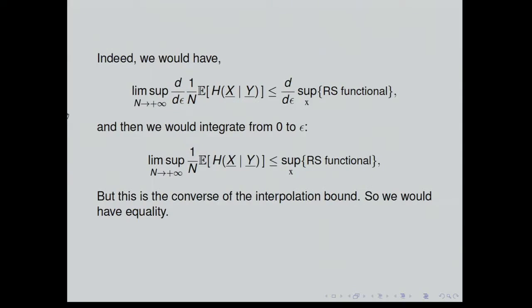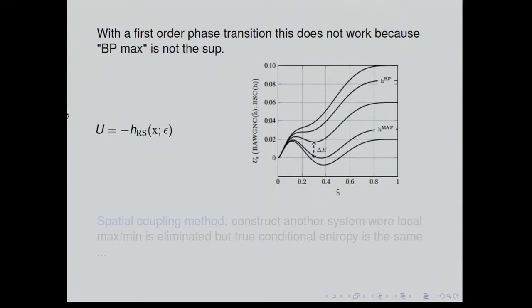This belief propagation maximum corresponds to the local minimum, and you cannot replace it by the sup or by the true minimum. The true minimum is here at 0. When you go down, the MAP threshold corresponds exactly to the situation where the two minima are at the same height. So the true minimum jumps to this other value that takes over and becomes the new true minimum. So that's the first order phase transition.